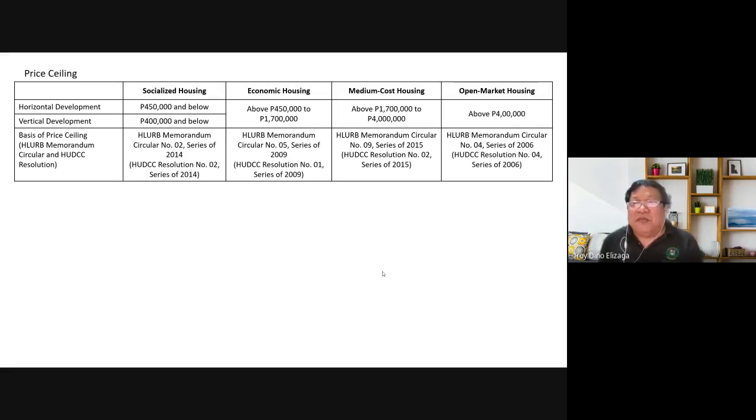But let me see. I actually would like to stand on the open market housing. So there's no limit, at least in terms of budget this time. So in plate number one, for example, I was trying to be a bit kuripot, no?